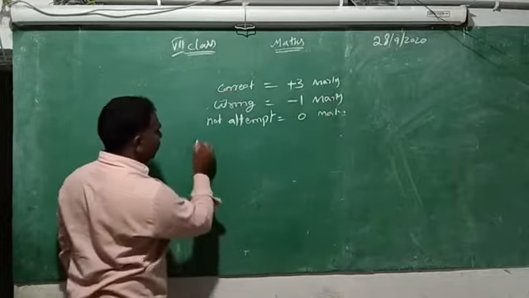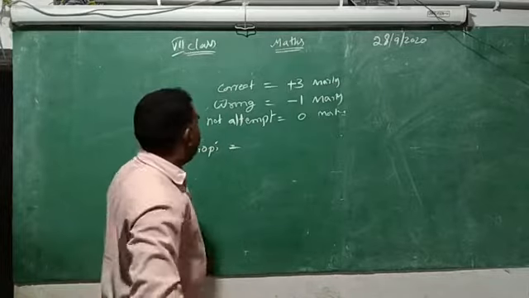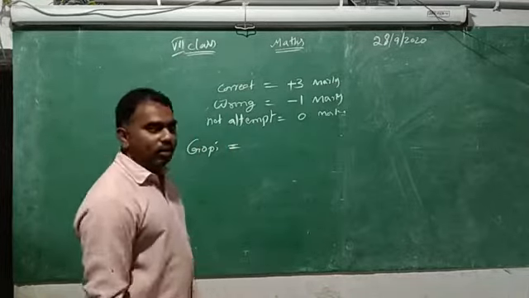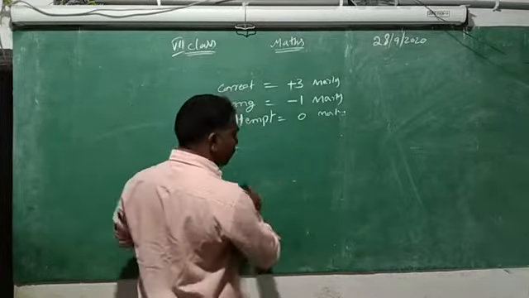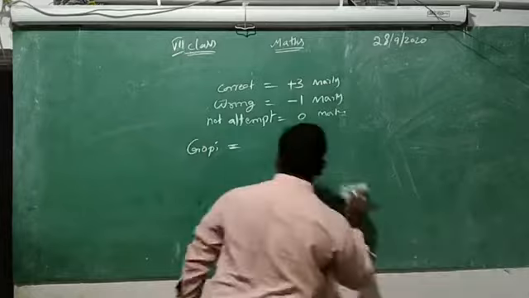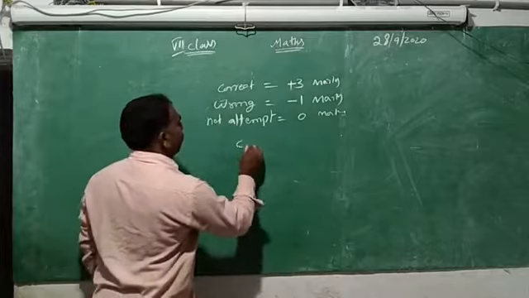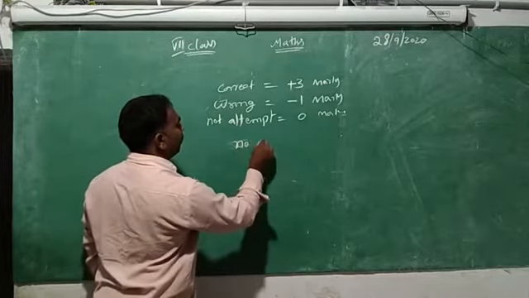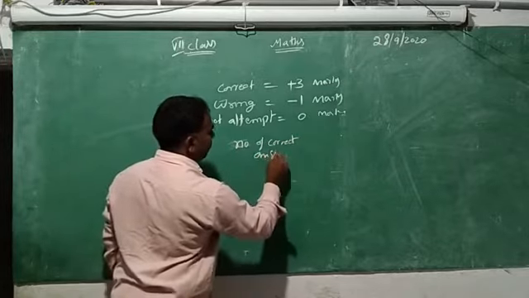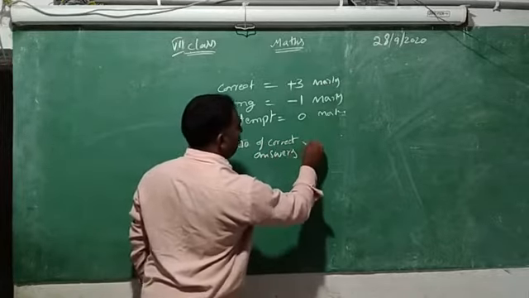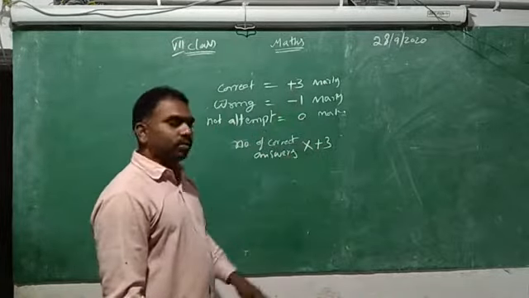So first we are going to discuss Gopi. How do you find the marks? The method of finding the answer is: number of correct answers into plus 3, because for correct answers we get plus 3 marks.